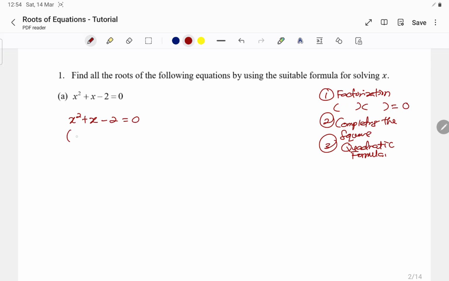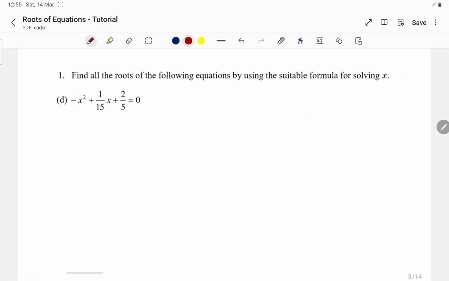When we do the factorization here, you will get x plus 2 multiplied by x minus 1 equal to 0. So you have to separate them: x plus 2 equal to 0, x minus 1 equal to 0. Then x is equal to -2, and x is equal to 1. You just move the constant to the other side because we want x only, because they asked us to find x. Now, your final answer is x is equal to -2 and 1. So this is for question A.